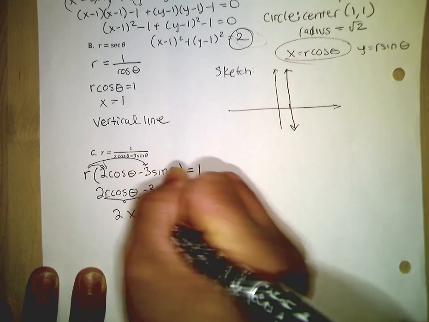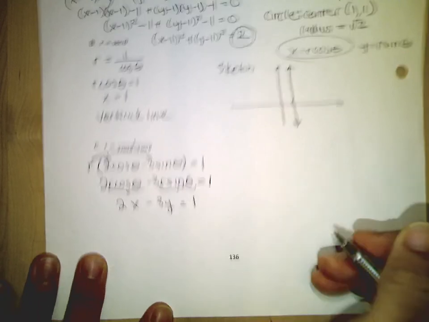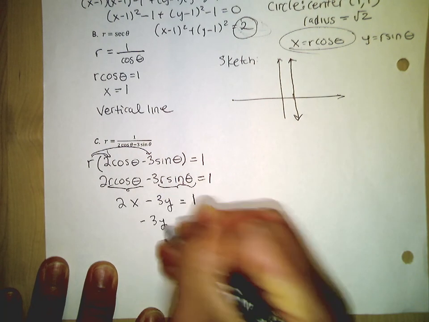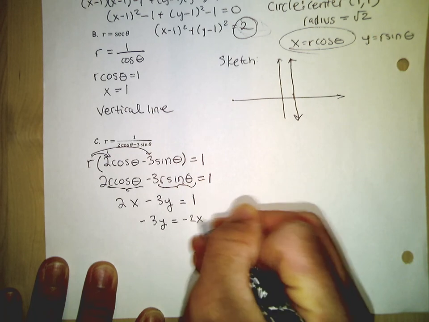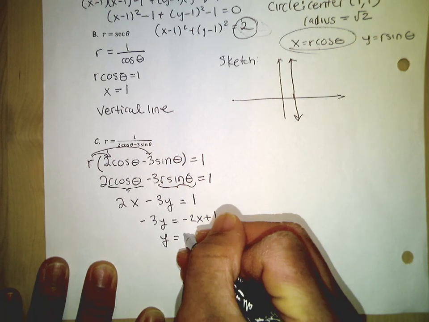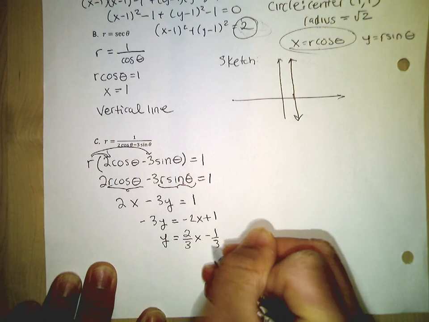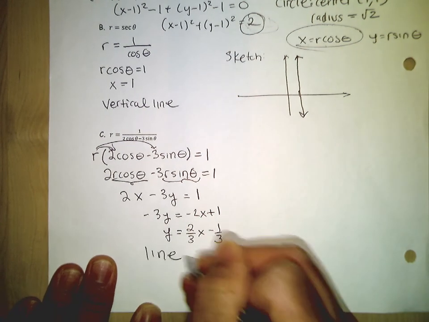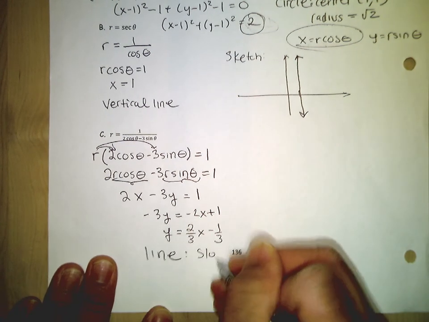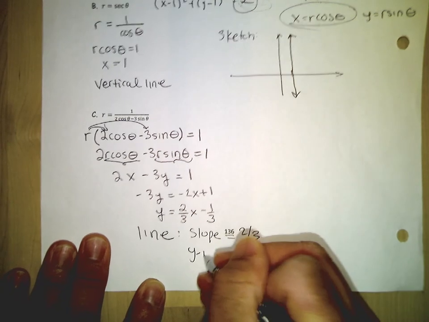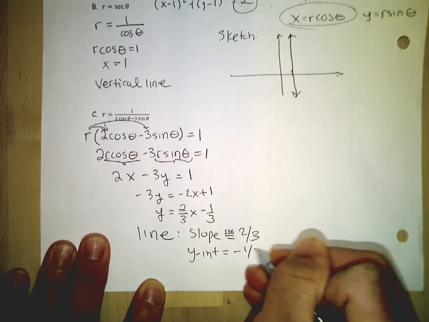So 2x minus 3y is 1. But then I can go ahead and just subtract the 2x and divide by -3. So I have y is 2/3 x minus 1/3. And this is a line with the slope of 2 over 3 and a y-intercept of -1/3.